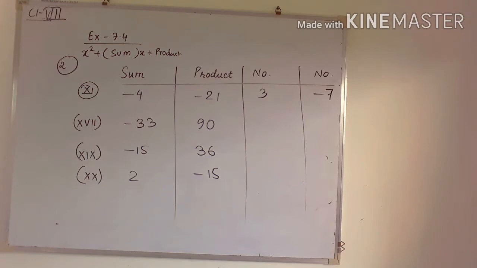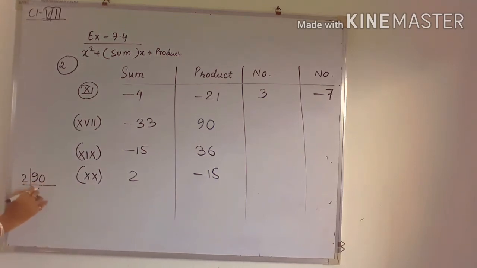See, here you can see in number 17, the sum is -33. That means the middle term is -33 and the product is 90. So see here, you can do factorization in case of 90. So if you do factorization, then see, 90 will be how much? See, you can factorize like this.